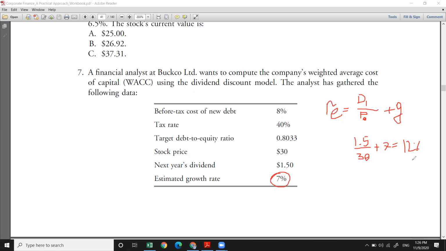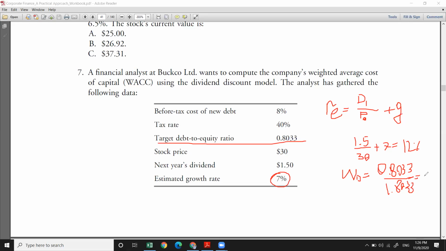Now we know the proportion. Target debt equity ratio is given here. And we know how to find the proportion of debt: debt equity ratio divided by 1 plus debt equity ratio, which is 0.8033 divided by 1.8033.